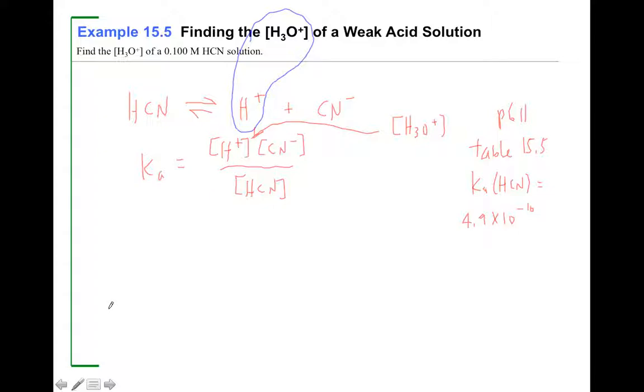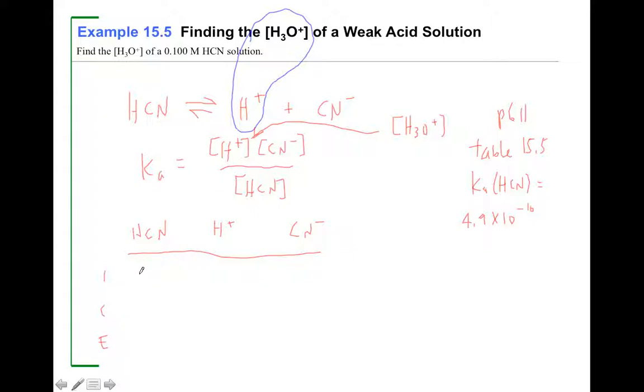All right, so knowing that, let's set up an ICE table. Here are my columns: HCN, H plus, and CN minus. I'm going to write the column headings down here.